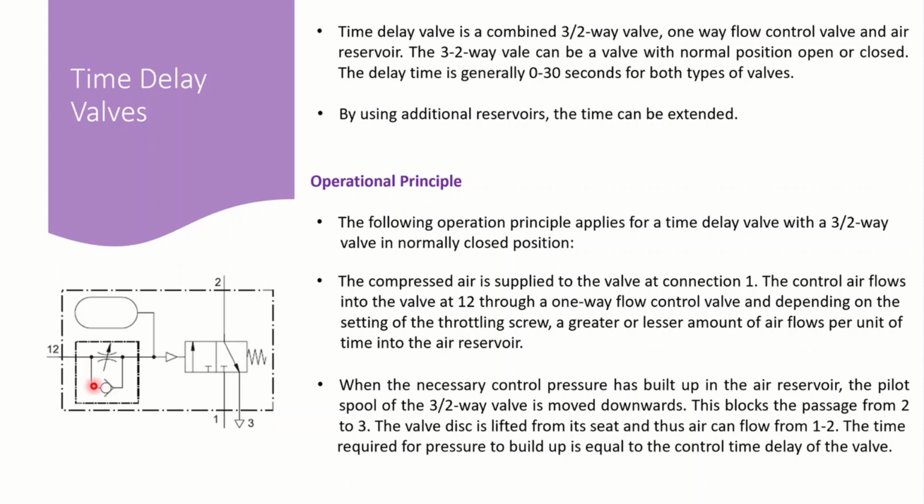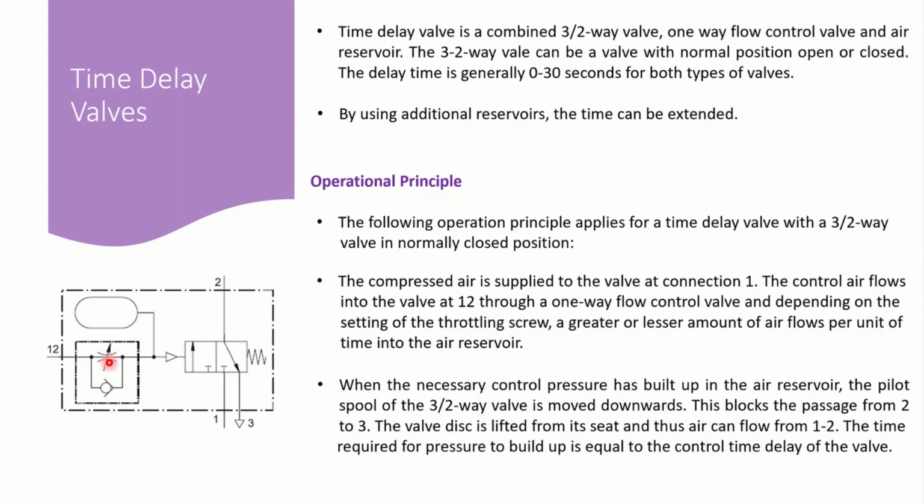The air coming here first wants to pass through this line, but because this ball covers this edge, the air cannot pass this way. So the only way the air can reach this pneumatic actuation is this throttle. Depending on how much opening we have for this throttle, we can control the flow rate.